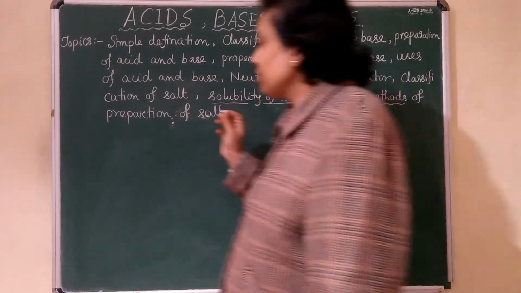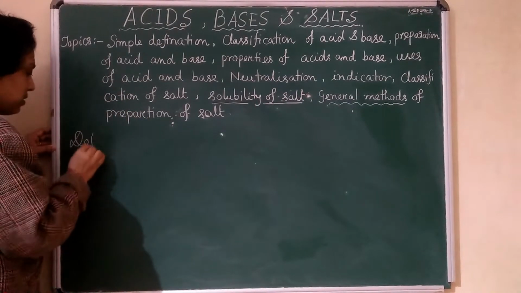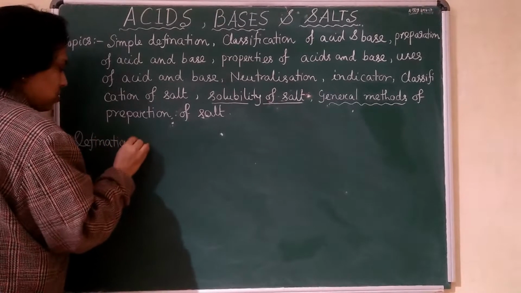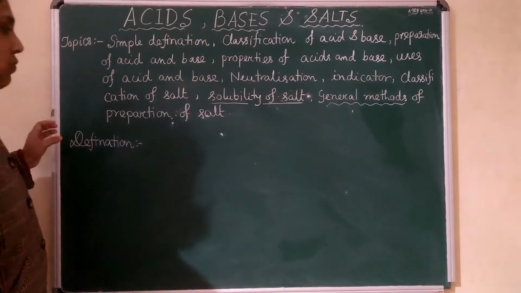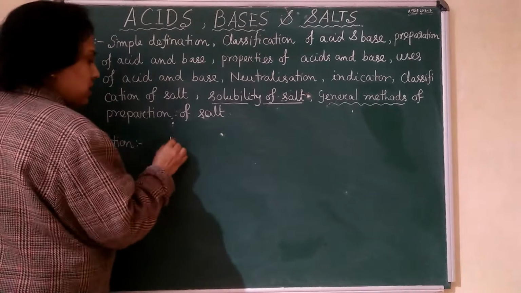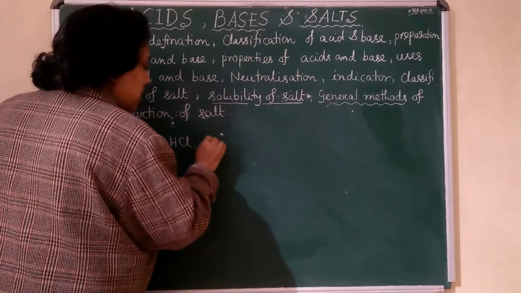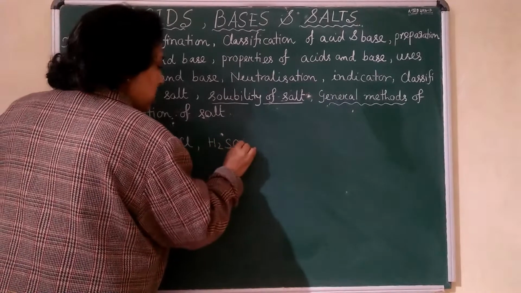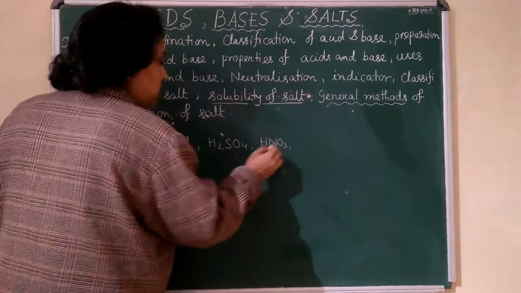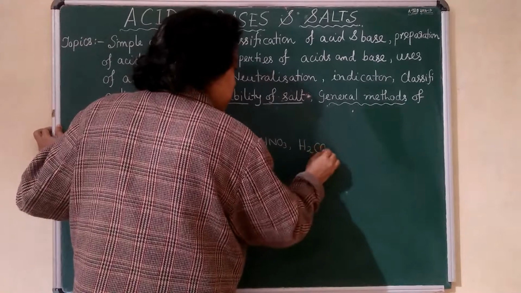So let's start with the definition. What is acid? In lower classes you have heard some examples: HCl, H2SO4, HNO3, then carbonic acid, H2CO3.